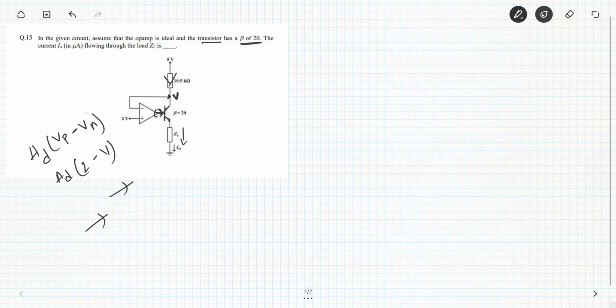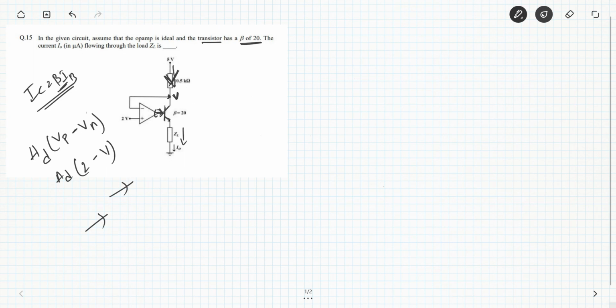So we can apply the relation IC equals beta times IB, and by this relation the collector current will increase by beta times when the base current is increasing. So eventually the collector current will increase.